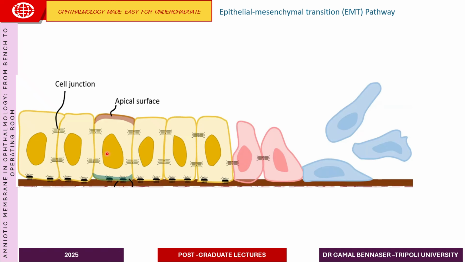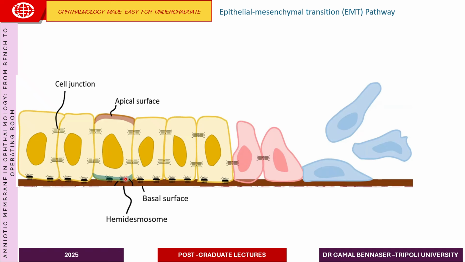Now, when you look at this diagram, this is the diagram for the normal epithelial cells, in which there are hemidesmosomes between the cells and the basal lamina, and there are tight junctions also between cells. The cells also have what's known as polarity, that is, they have an apical surface and a basal surface.